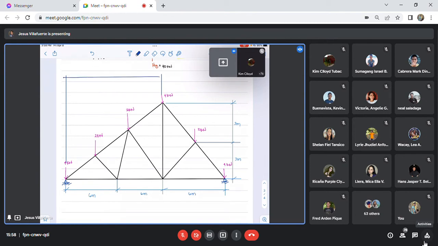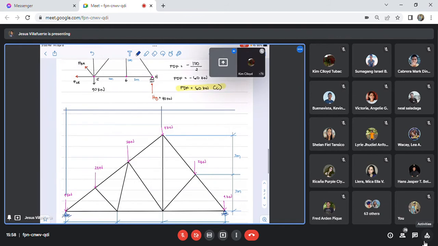The project manager also, so there is site engineer, safety, materials engineer. This is 3 meters, the site engineer lang, wala na yung project engineer, project manager.